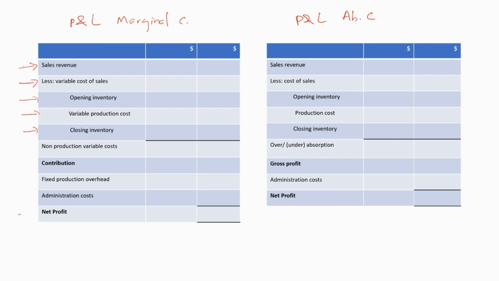After preparing these functional budgets, we can budget the net profit for the next year. And so this statement will be the budgeted profit and loss statement. Depending on the costing technique which is used by the company, we can prepare the budgeted profit and loss account for marginal costing or absorption costing.